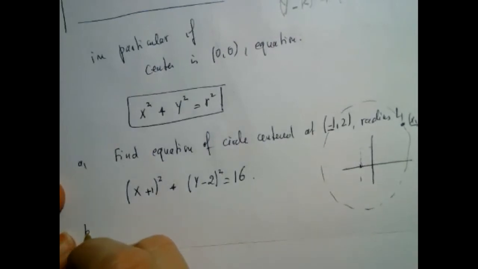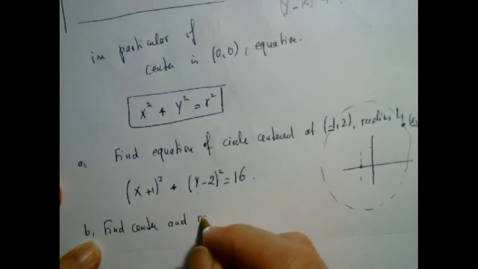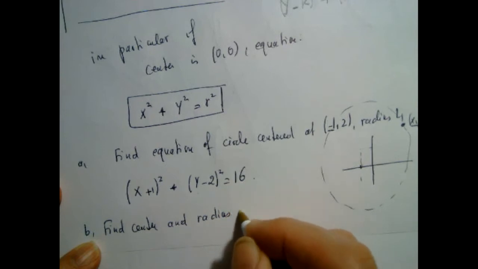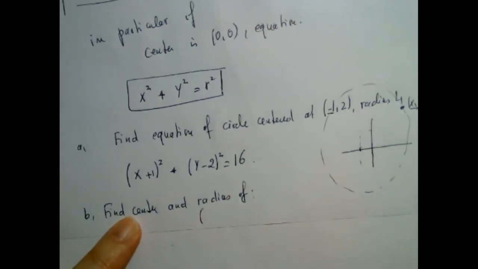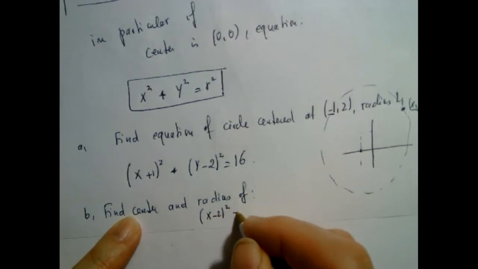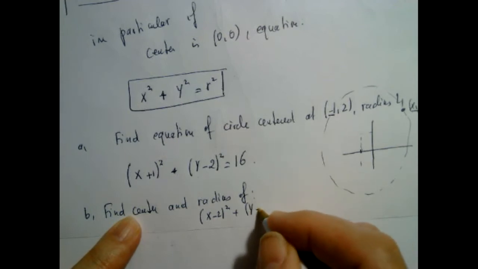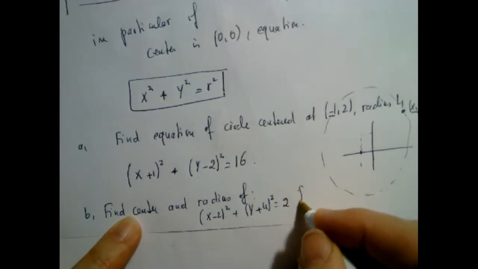Okay, example number 2. Find the center and radius of the following equation: (X minus 2) squared plus (y plus 4) squared equals 2.